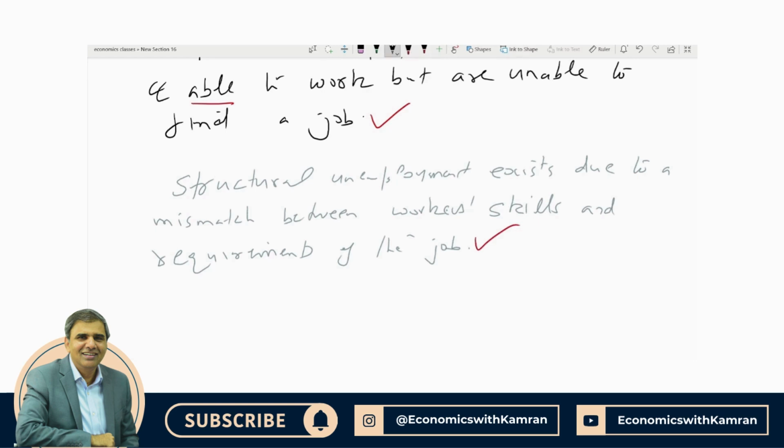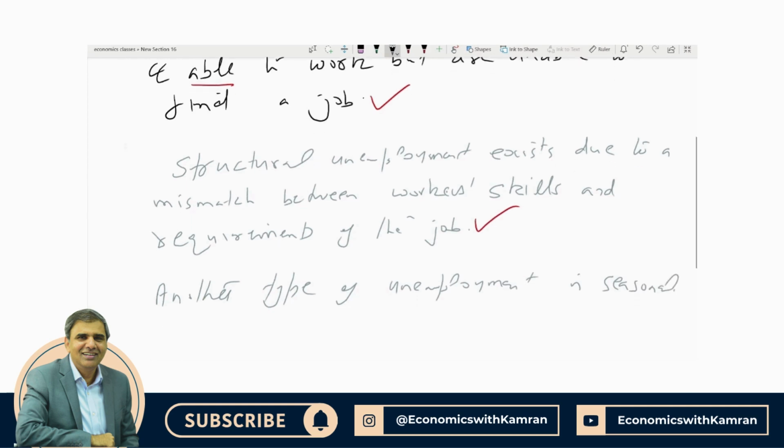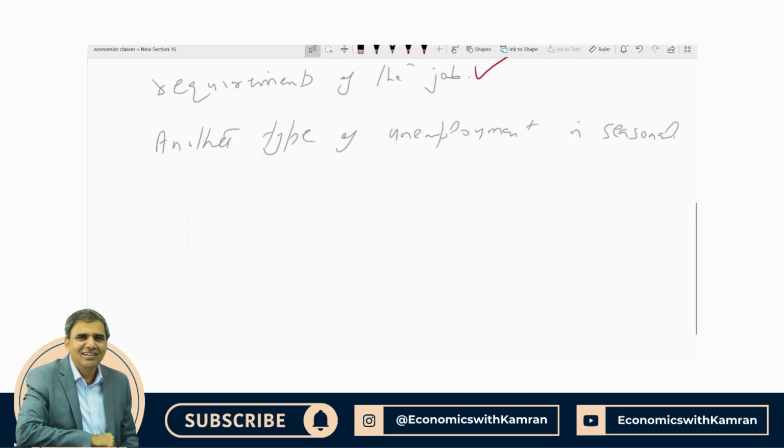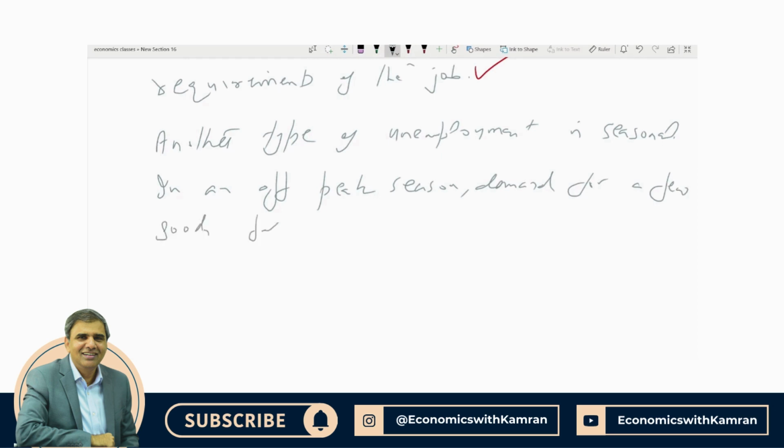We can give explanation for another type of unemployment. Another type of unemployment is seasonal. In an off-peak season, demand for a few goods falls.